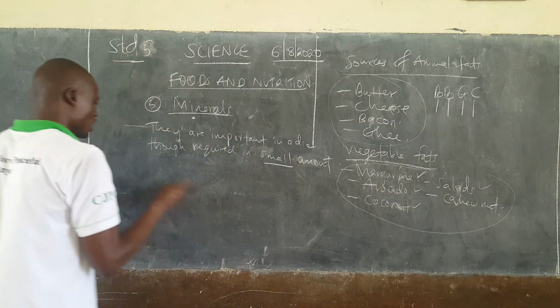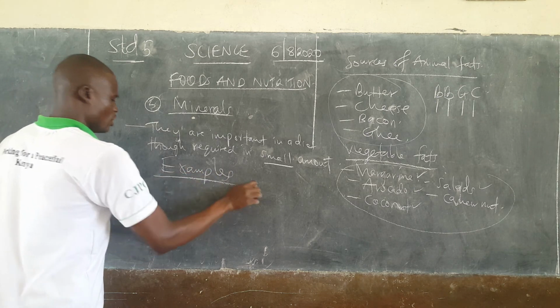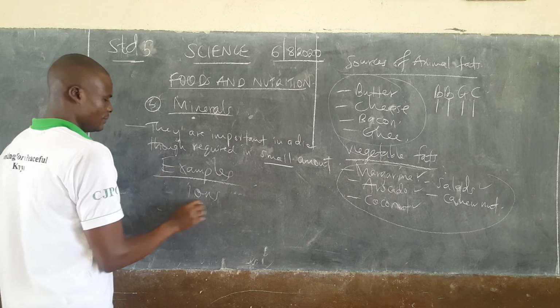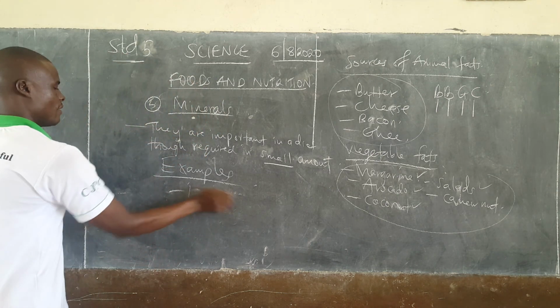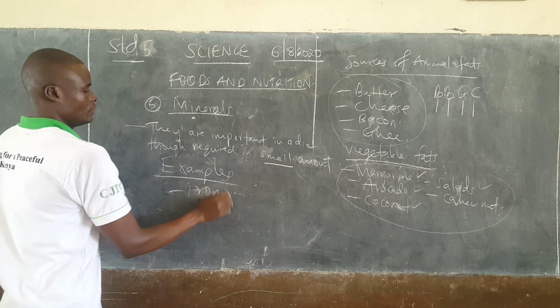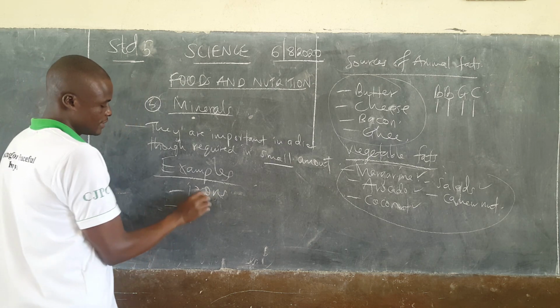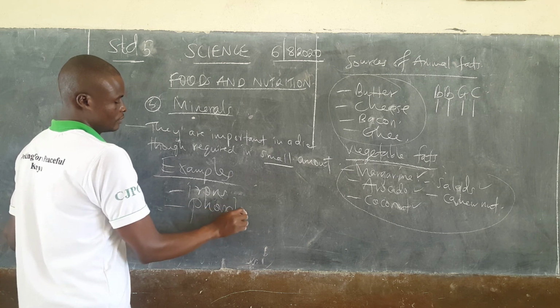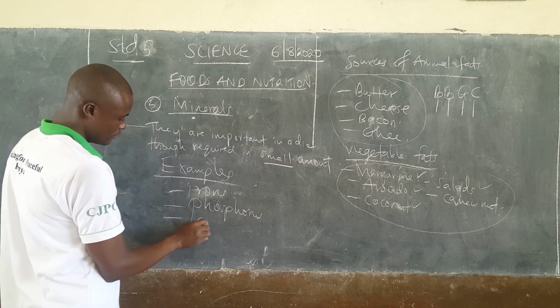Then minerals include, what are the examples of these minerals? So we have iron, Lana, that is very important. We need iron. We need phosphorus. And lastly, Lana, we are in need of calcium.